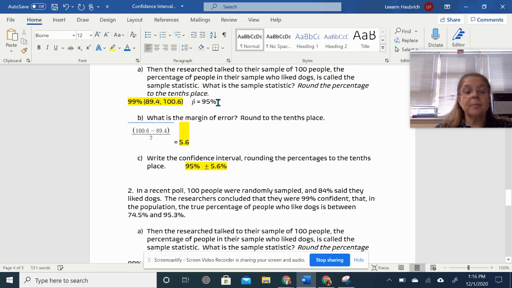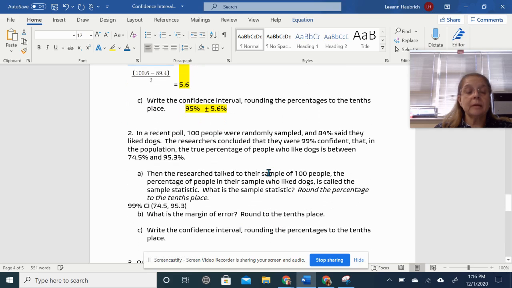So I'm looking for a p-hat. I don't want to look it up again, so Control V, and I will find out what it is.